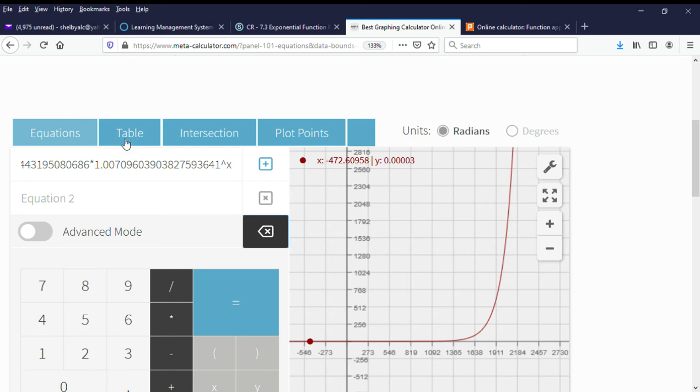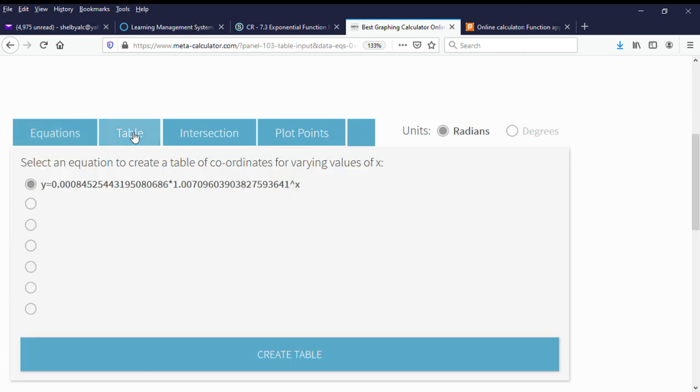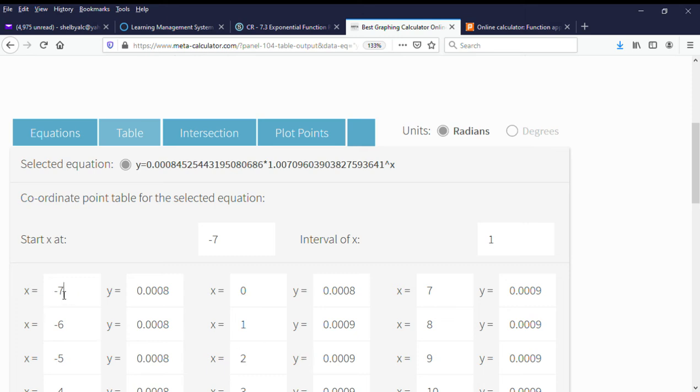On table, this is where we can go in for, let's say, question C, where it asks what's the population in 2020. We can go into table, say yes, give me this function as a table, and then just change one of the x values to 2020, because the x values are our years.